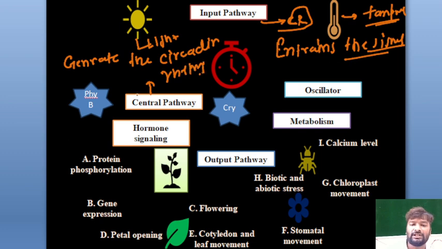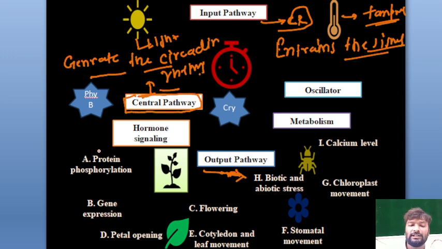So this is the central or core pathway which generates the circadian rhythms, and the third one is the output pathway. So this includes the response of these different physiological functions in response to the circadian rhythms.